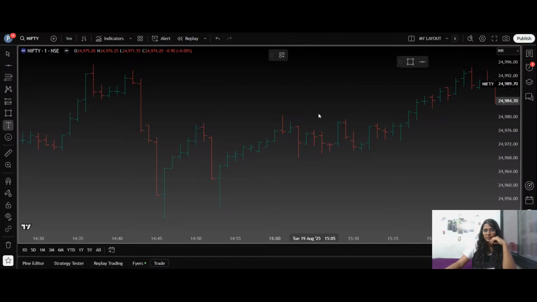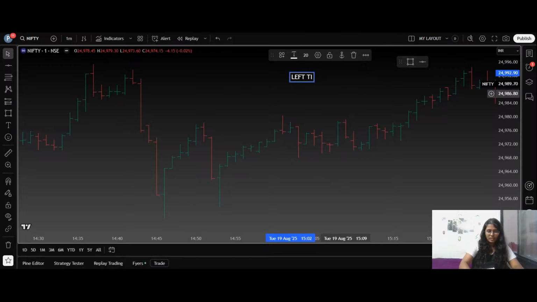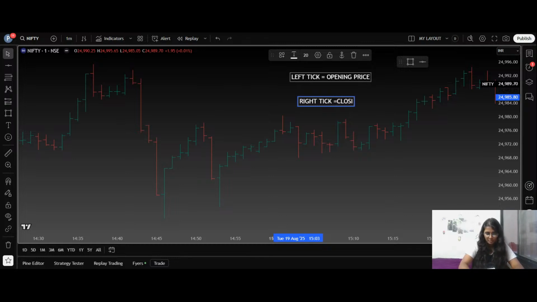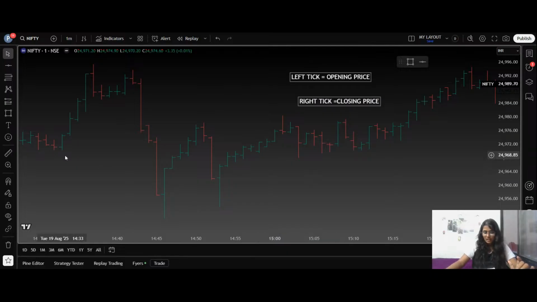One thing you have to remember here is a very small thing: the left tick here means opening price, and the right tick here means closing price, and the vertical line here.